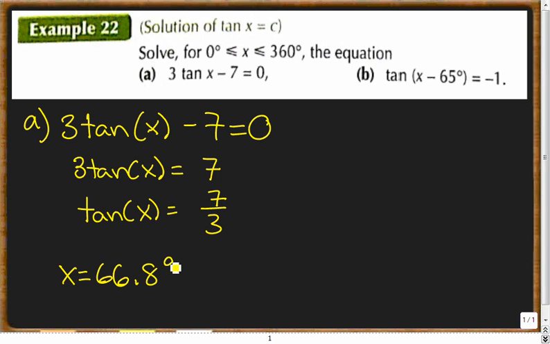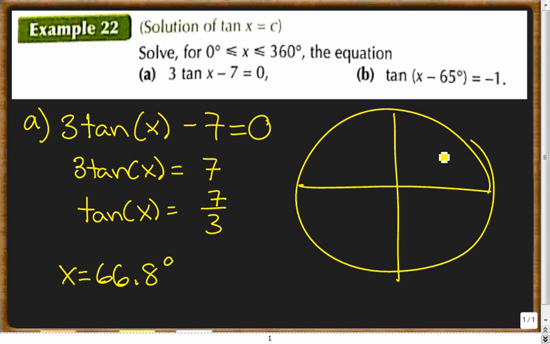And absolutely there are, because tangent, if we remember from our graphing, has a period of 180 degrees, or pi. So it actually is going to repeat itself again on the unit circle for sure. So if we think about our unit circle, we're looking for 7/3.